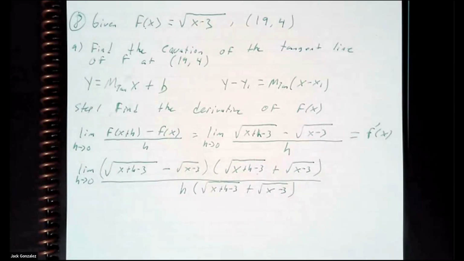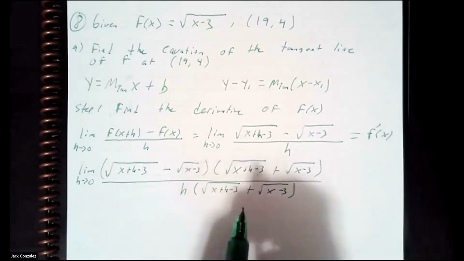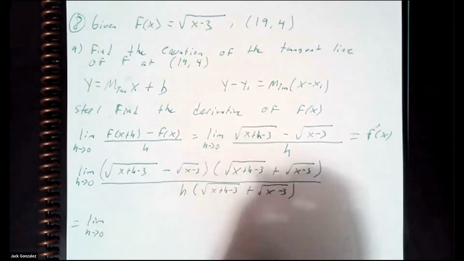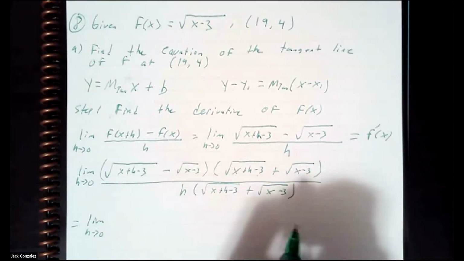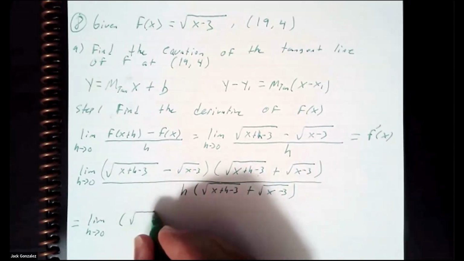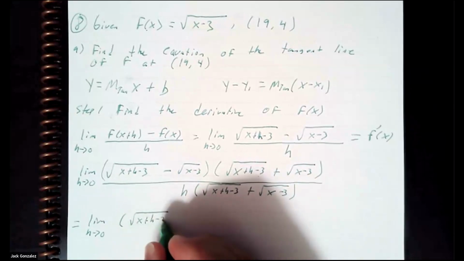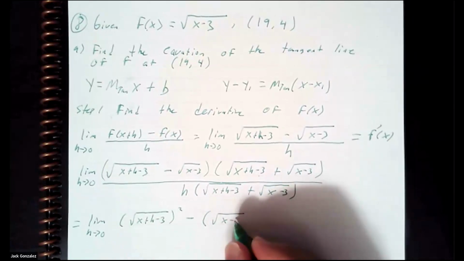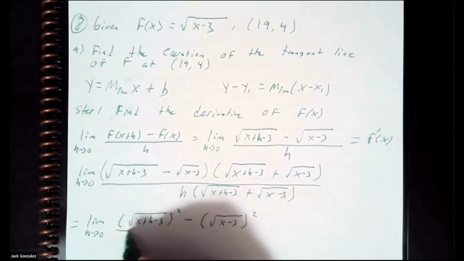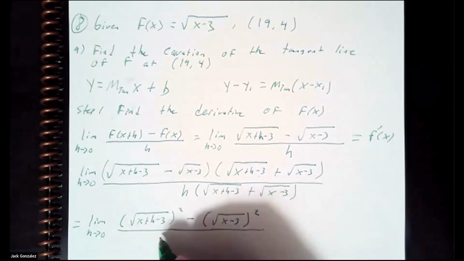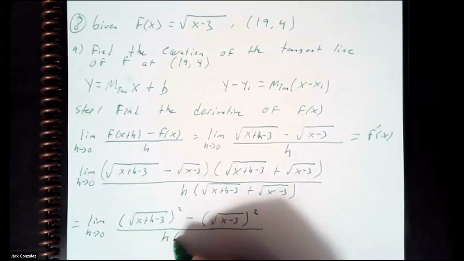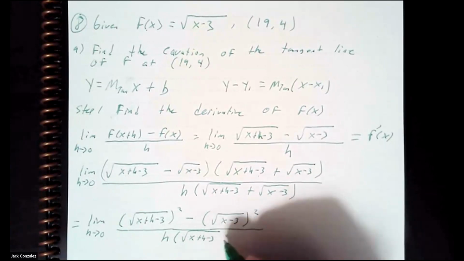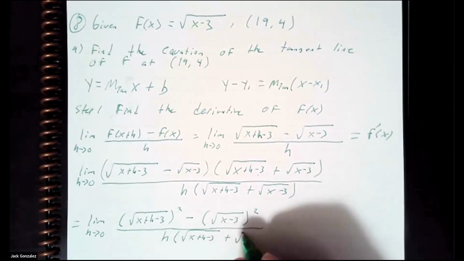Okay. So the top part will be a difference of squares, right? This will simply be a squared minus b squared. I'm not going to do anything on the bottom. We'll leave it as is for now.